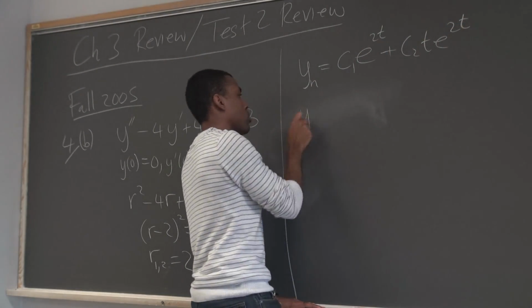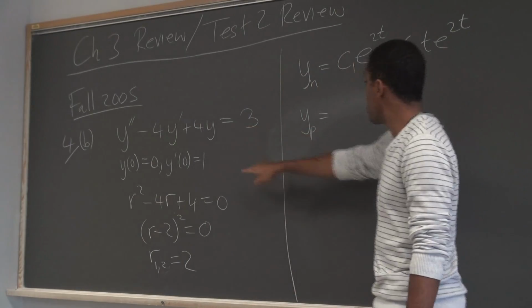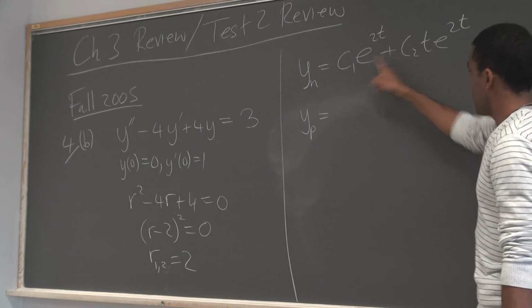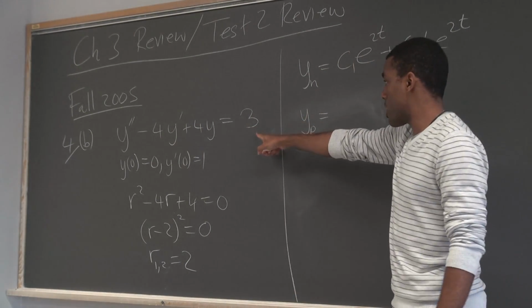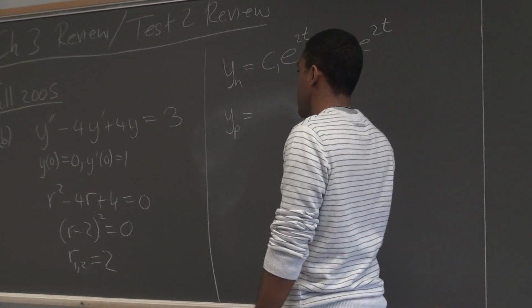Now that we have that, we can choose our particular solution because we want it to look like this, but not like that. These exponentials obviously don't look like a constant, so we're fine. So what would I guess the solution looks like?